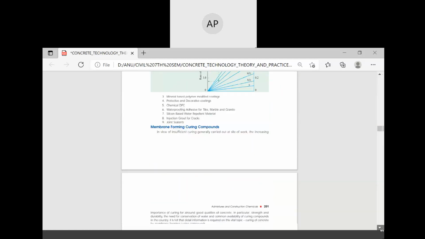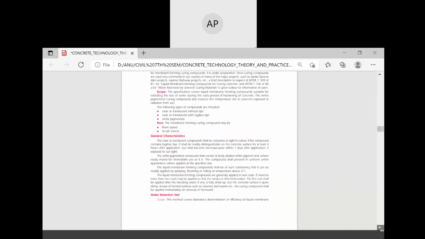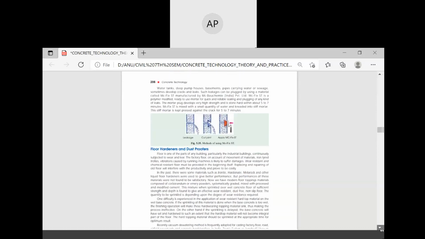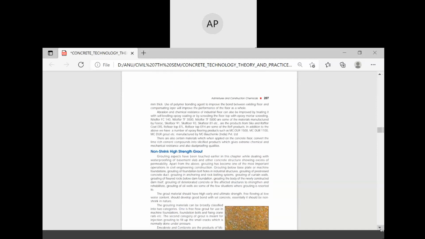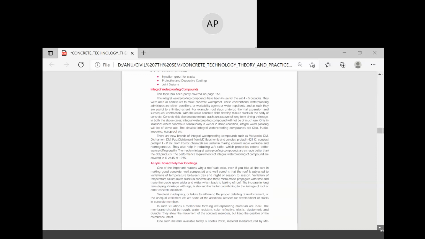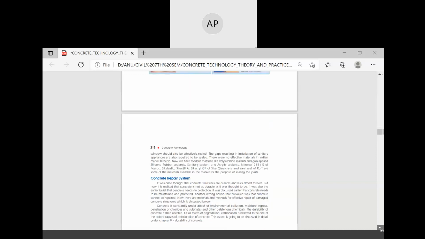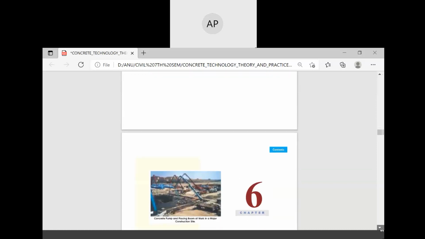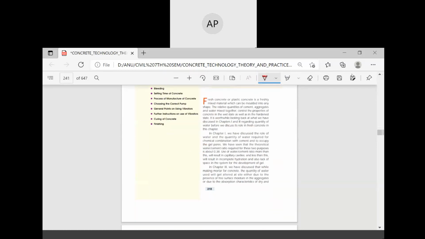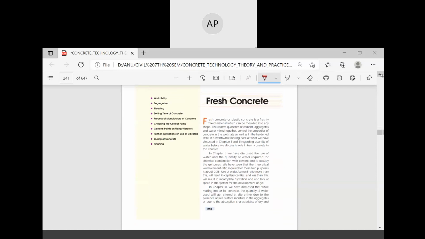What is the next chapter? Fresh concrete. In the next chapter we will discuss some more admixtures and after that fresh concrete.